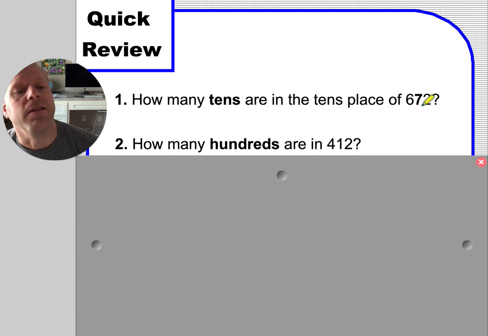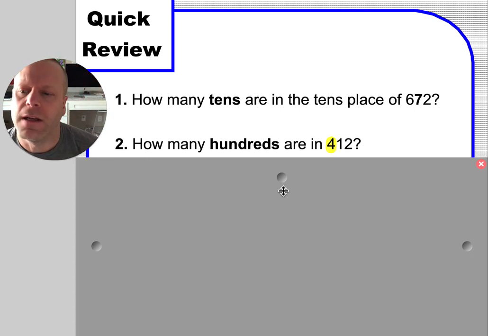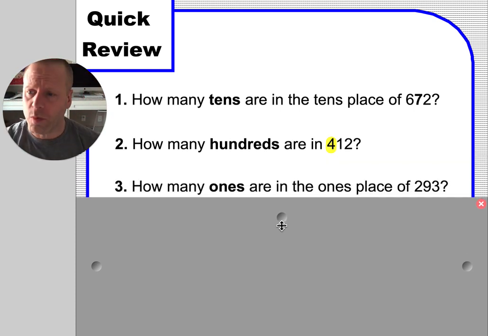Like this one I kind of left bold. This one you would have to find on your own. The 4 is in the hundreds place. So how many hundreds are in this number? 4 hundreds. Kind of easy. And this should be like, these are things we've done before, last week, last month, maybe even last year.